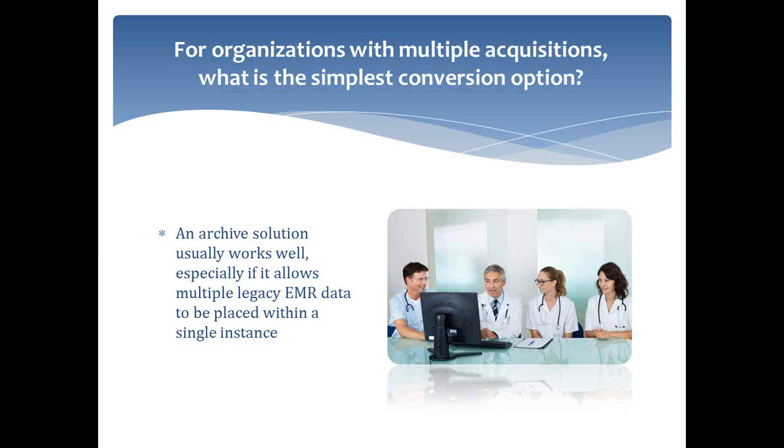In terms of the simplest option, and an option a lot of organizations are going with, they're incorporating the archive solution, and this works really well because they can bring in data from multiple different types of EMR systems into a single location to access all of that information. Like I said, it's a simpler solution than trying to perform a full discrete conversion on all of that data, and it allows them to have a central location for all of their different EMRs.